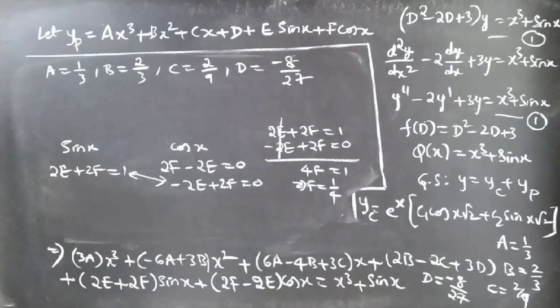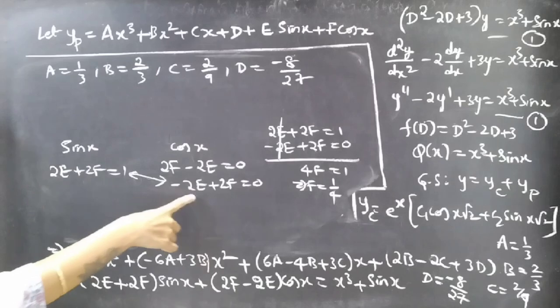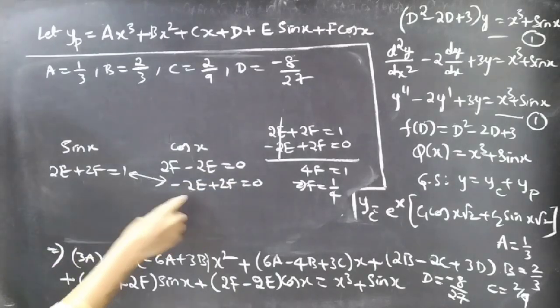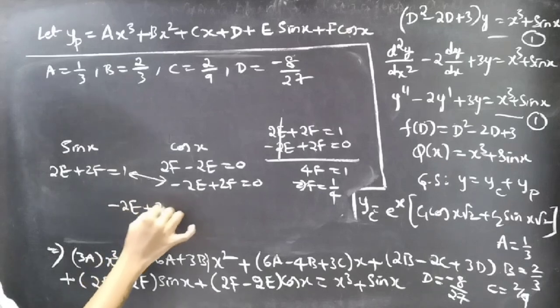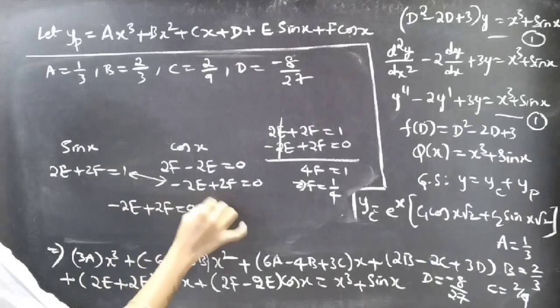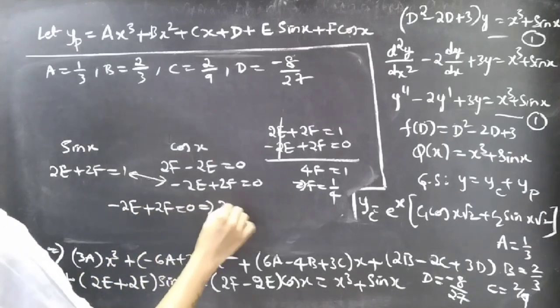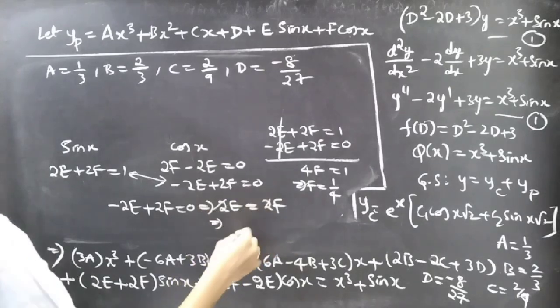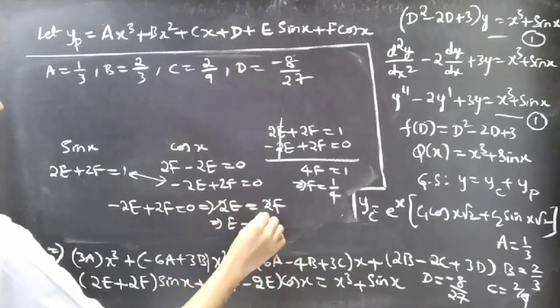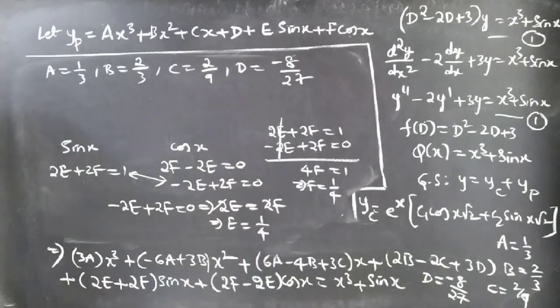Now substitute f equal to 1 by 4 in any of these two equations. I'll put it in this. I can write it as 2e equal to 2f, right? 2 gets cancelled and you'll get e equal to 1 by 4.